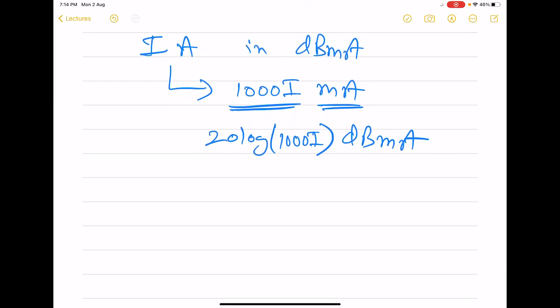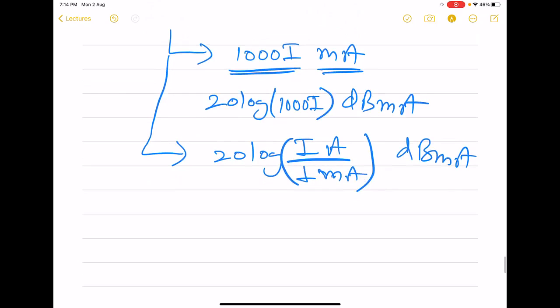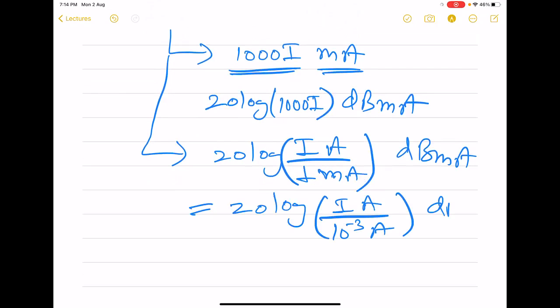So this was one interpretation. The second interpretation is also valid. It says that you take 20 log of I, which was in ampere, divided by 1 milliampere, and this is going to be dB mA. So here also you can see that what we will get is the same thing, I A divided by 10 raised to the minus 3 A, dB mA.